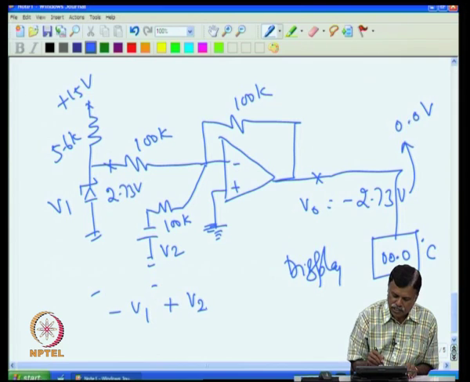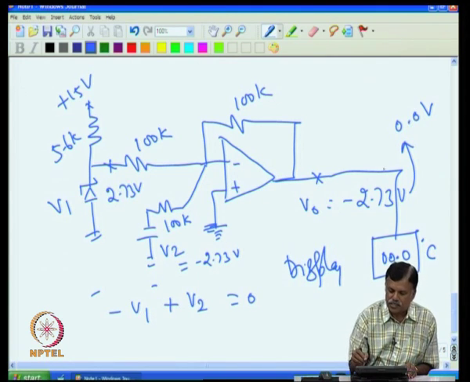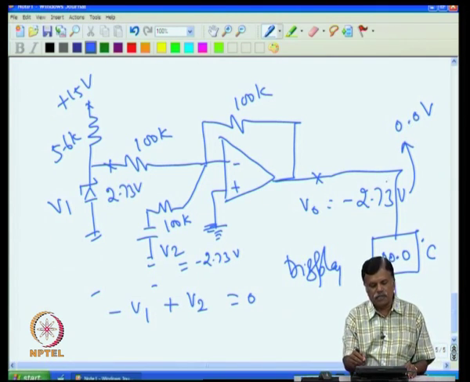So, if V1 and V2 are equal, then output will tend to 0. To make output 0, all that I have to do is make V2 equal to minus 2.73 volt.